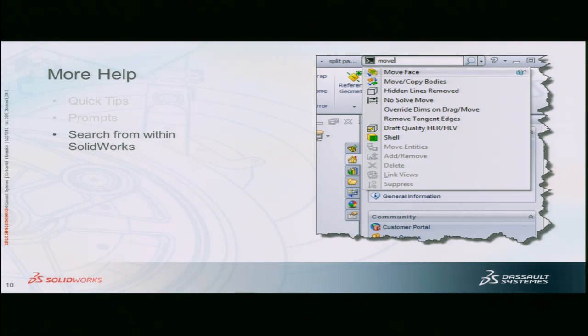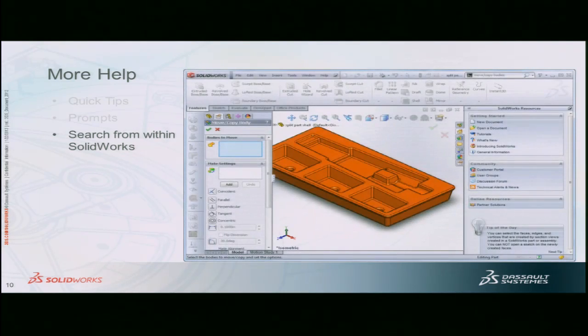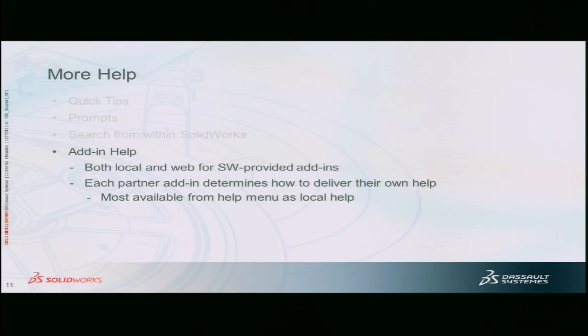In this example, I'm typing in move, and when you select the command that you're looking for, it actually puts you right directly into that command within SolidWorks. So it's really, really handy when you know what the command is, but you can't quite remember where it is in the menu. And all of these little tips and tricks hopefully just make you that much more productive.